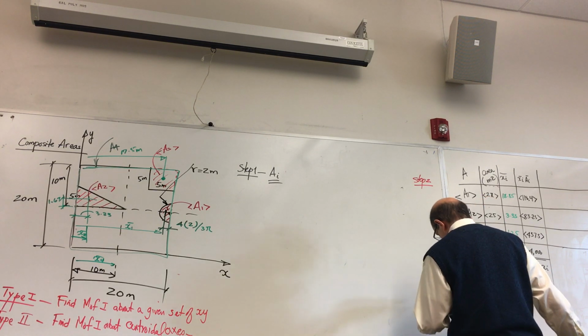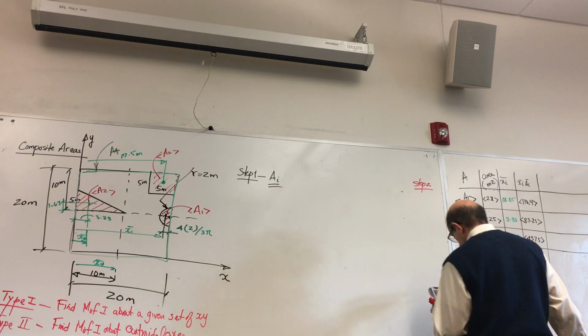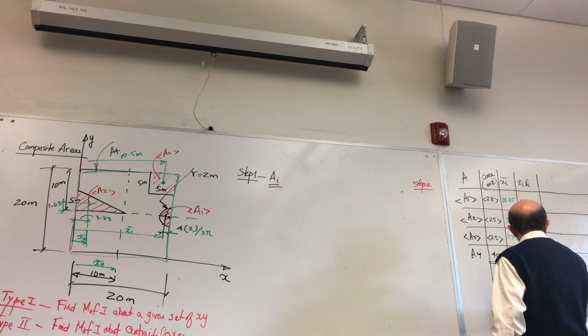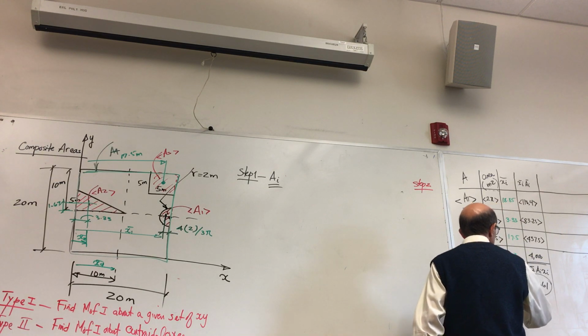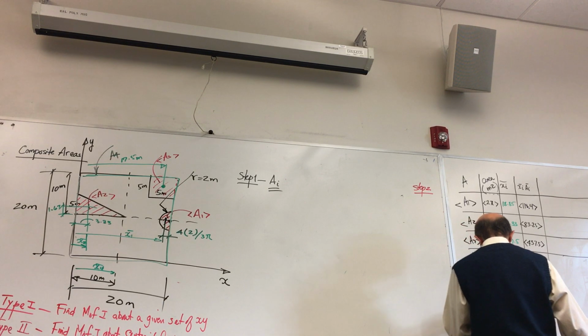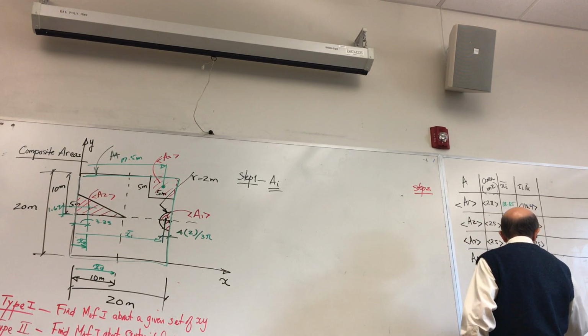This one is 3,361. So if you divide this by that, it will give you x bar for this shape, which comes out to be 9.8 meters.